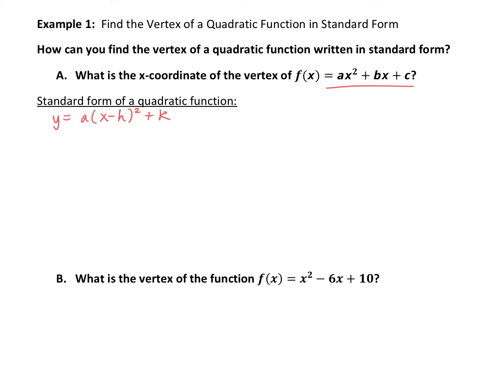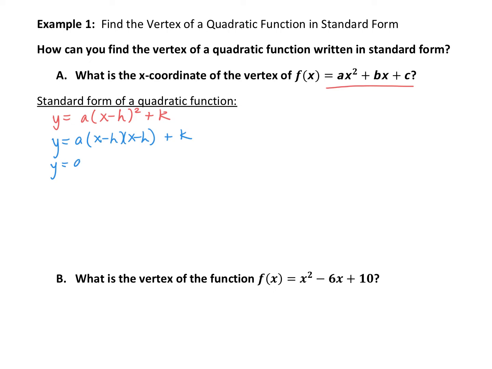So we worked on, in our last lesson, how to multiply out vertex form. We did multiply it out with numbers, so it was a little bit easier, but let's go ahead and work on multiplying this out just with the variables that we have. A times x minus h squared, we know is x minus h times x minus h plus k on the end.